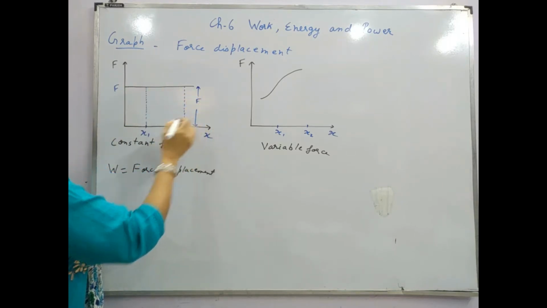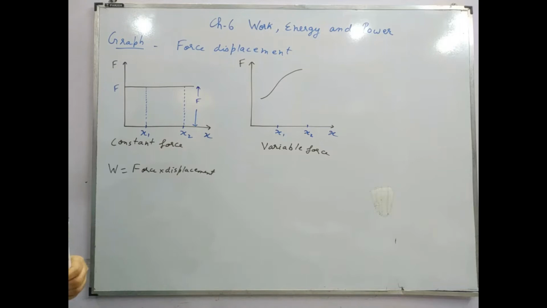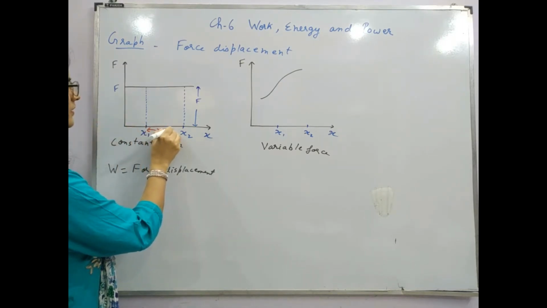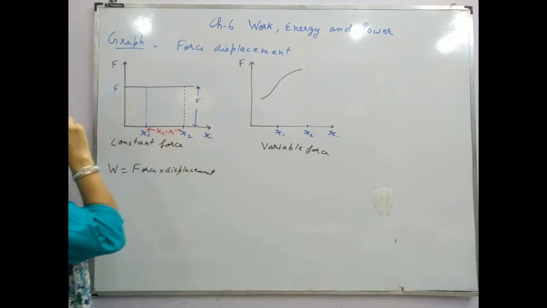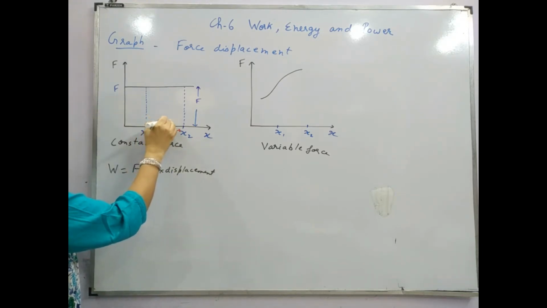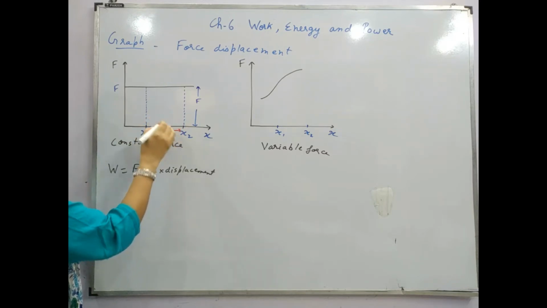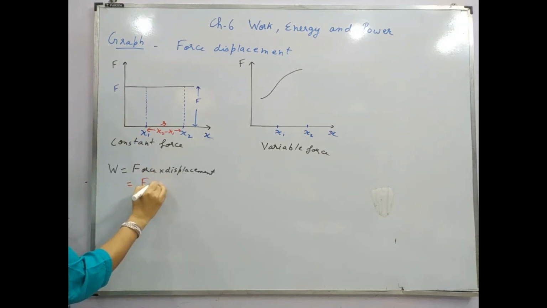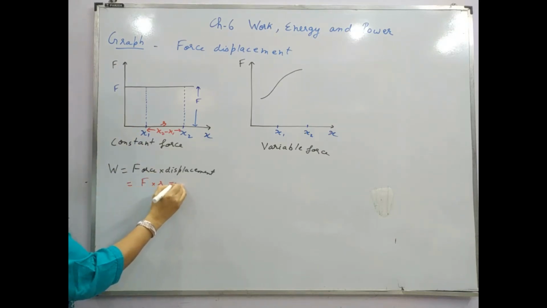And how much is the displacement? This displacement is x2 minus x1, right? Let's say this is s. So if we put the values from here, F into s is what?